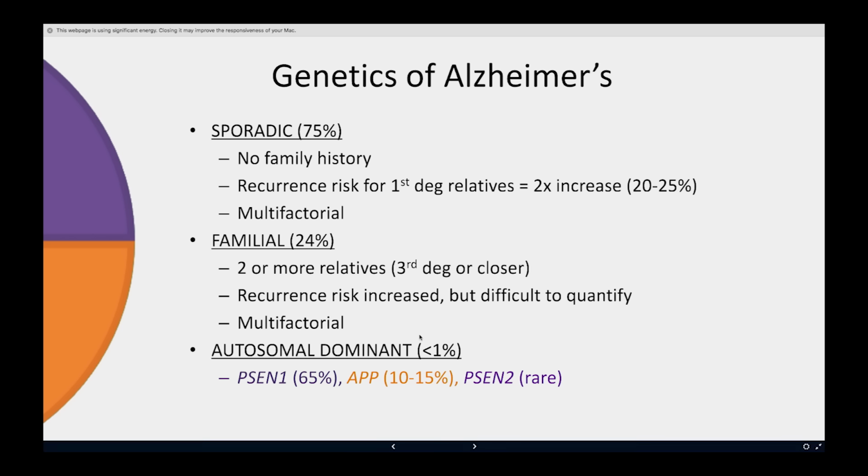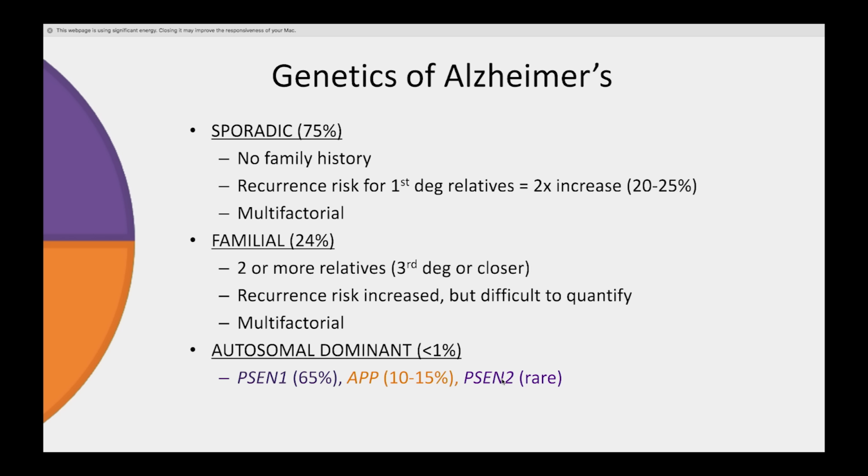And out of these less than 1%, the majority have a gene called presenilin-1, 65%. The second group have a gene called APP, which stands for amyloid precursor protein. And a rare group have a gene called presenilin-2. And I'll talk in detail about some of these genes.